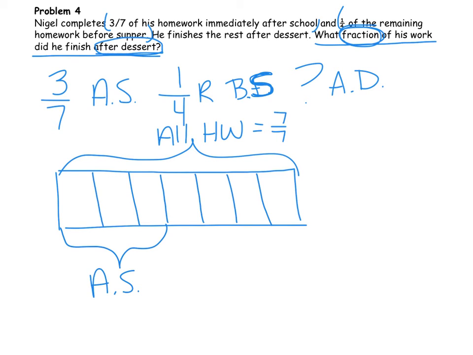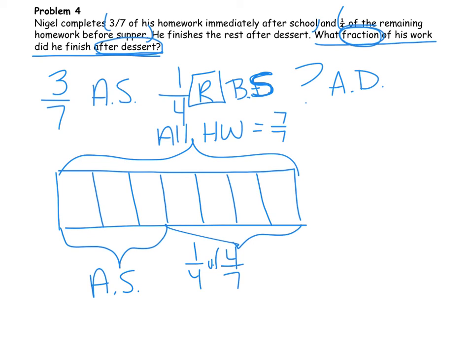So I had to find 1/4 of the remaining. Well, the remaining is this, which is 4/7. So I need to find 1/4 of, and that's going to be my before supper.